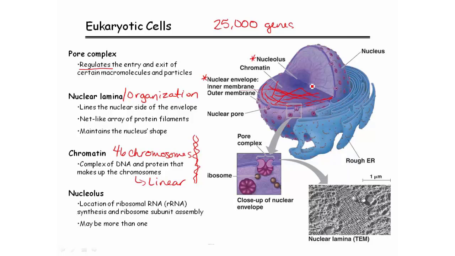It stains a little darker just because this is a location where you do find a lot of ribosomal RNA. That means this is the location where the ribosomes are going to be put together or manufactured. And because they are manufactured there, or they're in a high concentration in that one location, it tends to stain fairly darkly.